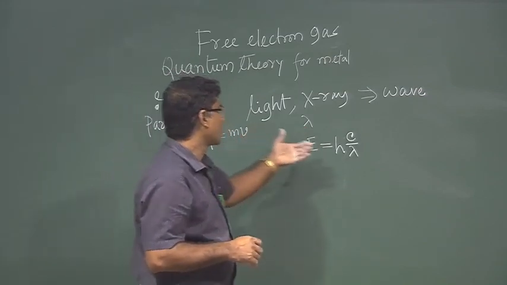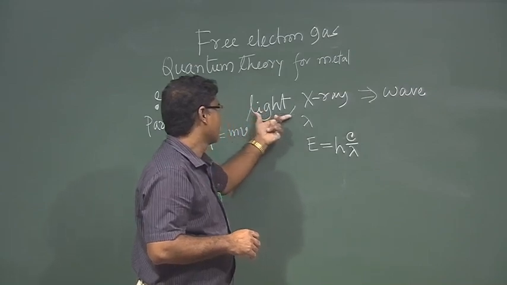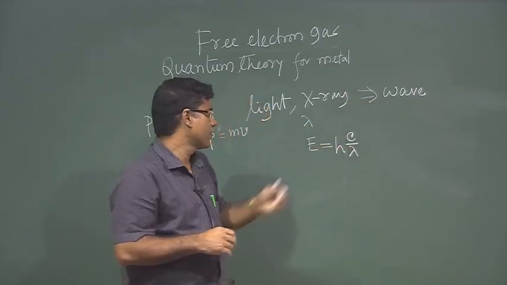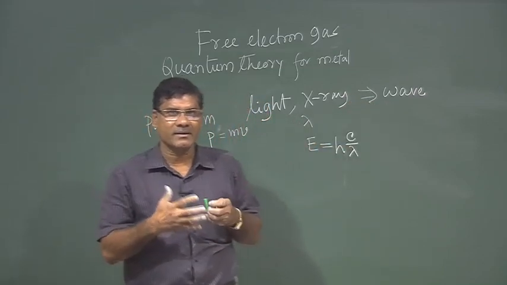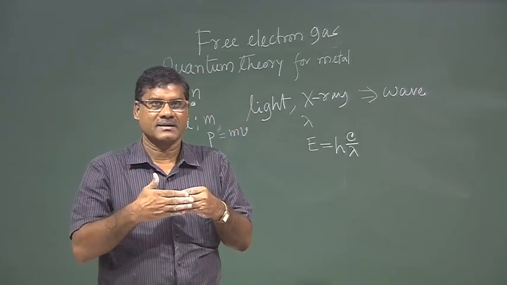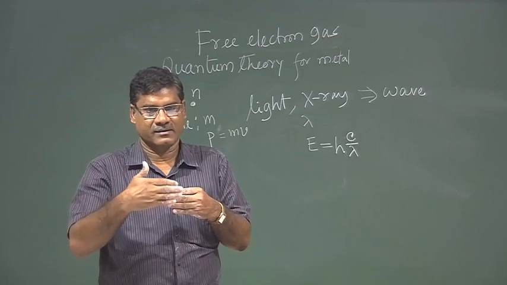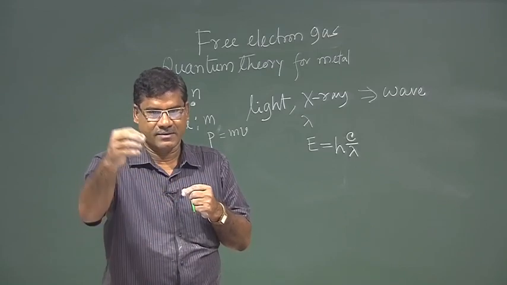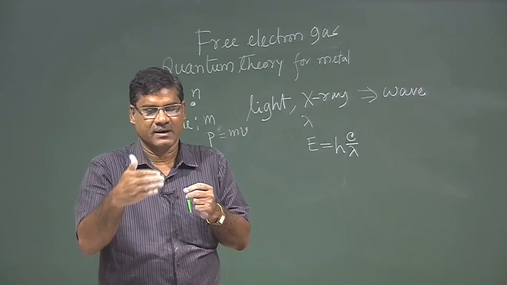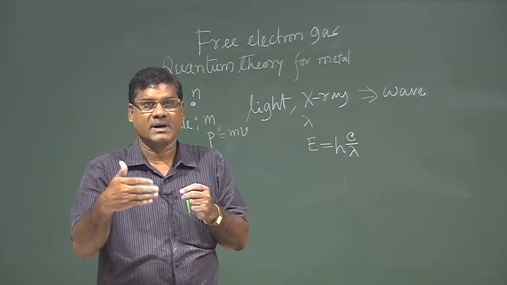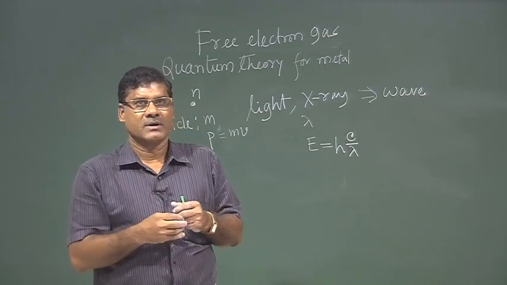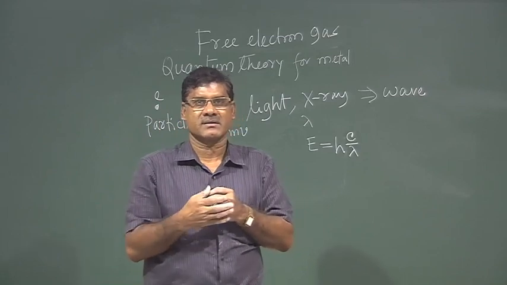Energy of a photon. Light is well known as a wave, it has wavelength, but this whole light can also be treated as the propagation of quanta. That is called a photon. So it is the discrete nature of this wave.